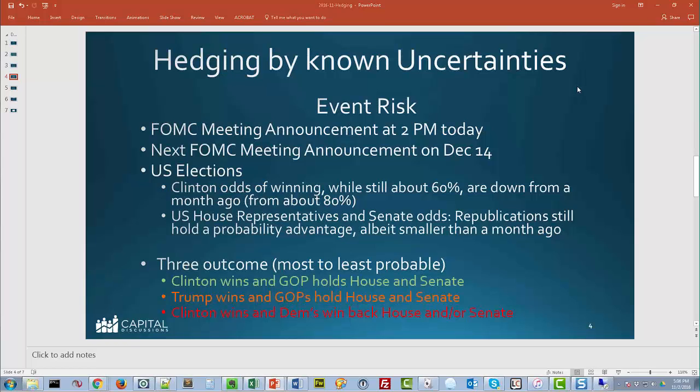Also, something that probably has even more fear is what happens if the Democrats have the presidency, the House, and the Senate. That ends up having some risk that people end up seeing also.